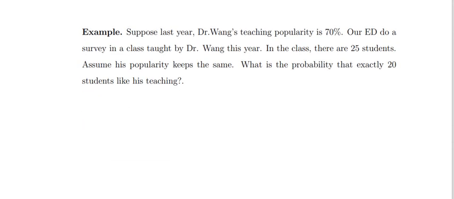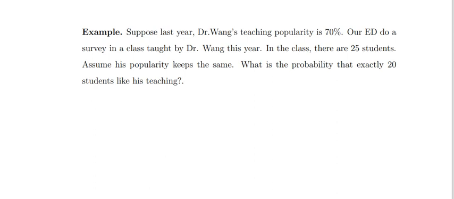So we say binomial distribution applies if each trial has just 2 cases, good or bad, or, for example, people who like this guy or do not like this guy, only 2 outcomes.